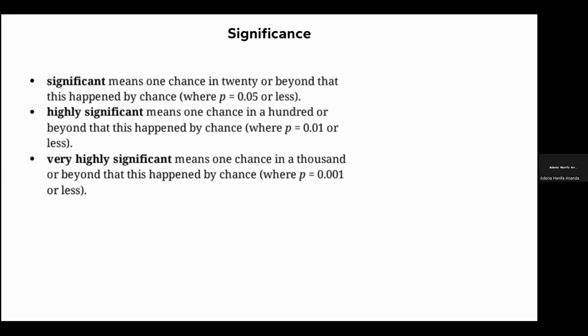Highly significant means one chance in 100 or beyond that this happened by chance, where P equals 0.01 or less. Very highly significant means one chance in 1,000 or beyond that this happened by chance, where P equals 0.001 or less. This is the significance.